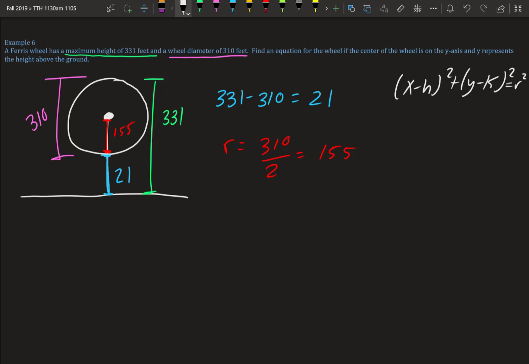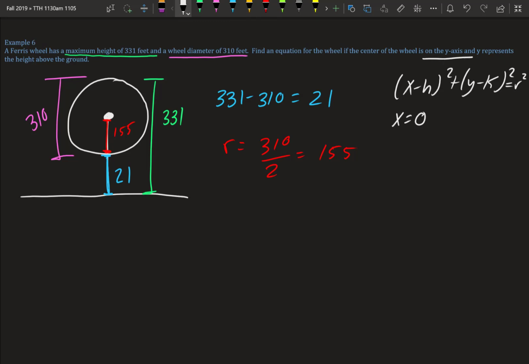So x and h, those go together. So if you're on a Ferris wheel, are you moving left or right at all? No, you're just rotating. So our h is 0 because you're on the y-axis. It tells you if you're on the y-axis, your x is 0.